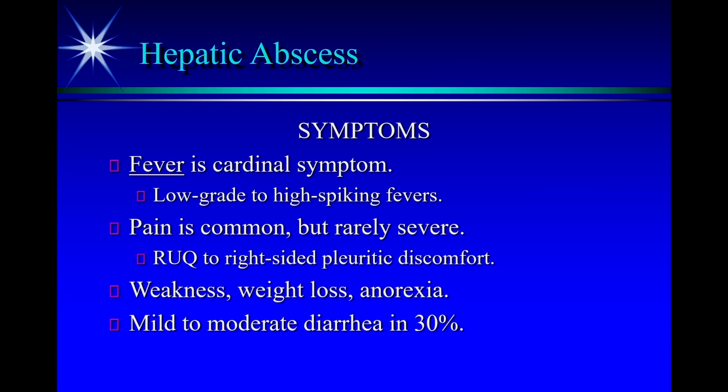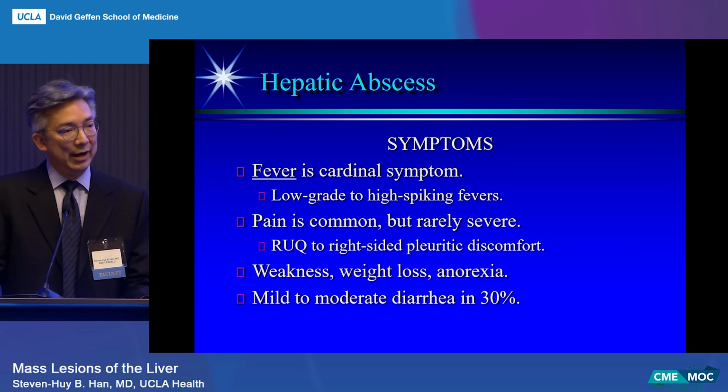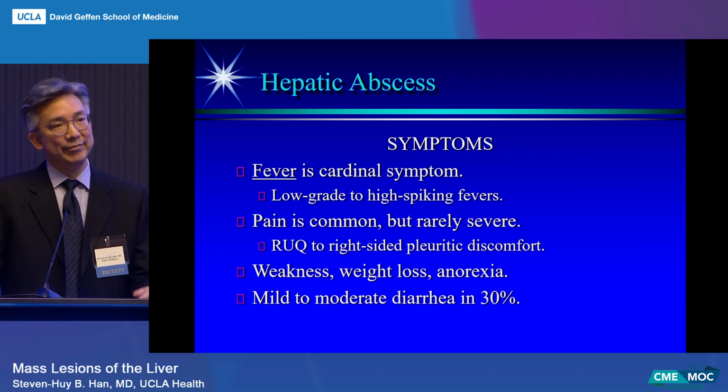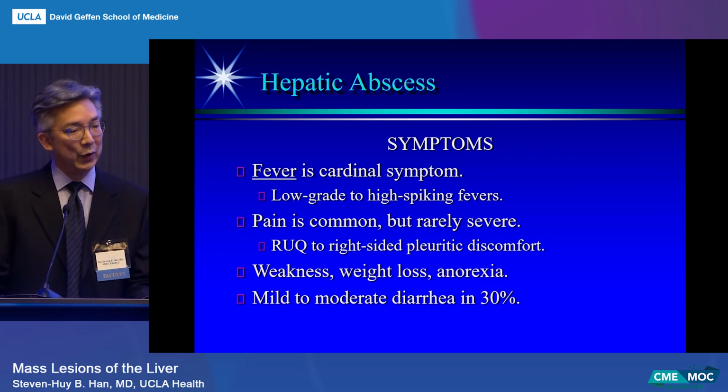Patients will have other nonspecific symptoms and signs like constitutional symptoms, and occasionally they'll also have symptoms of lower GI tract pathology like diarrhea, because if you think about it, abscesses are actually metastatic infection from some focus, usually down low in the GI tract.